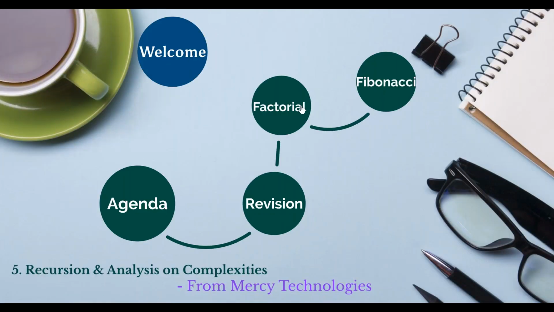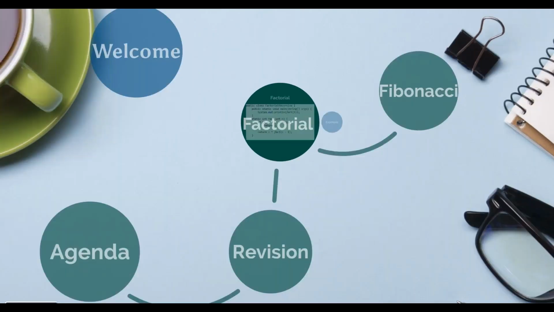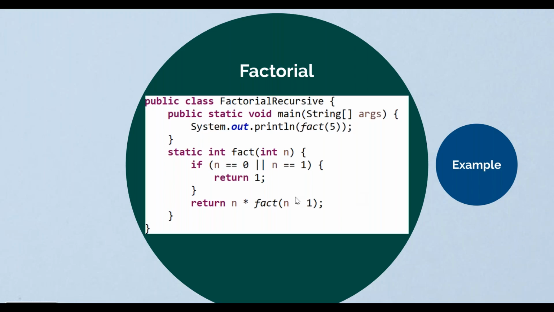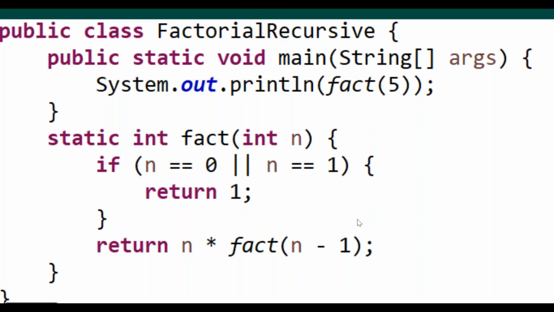So today let's move forward and understand the factorial program. I'm straight away digging into code, guys. Let me not waste any time. I told you that if a method calls itself, then that is called recursion. Here there is a method called fact.